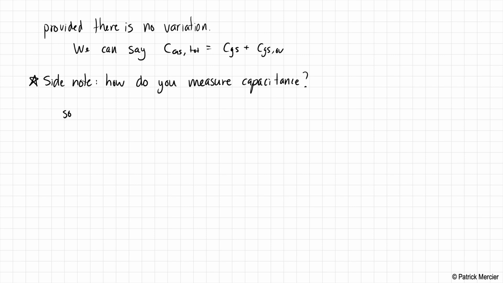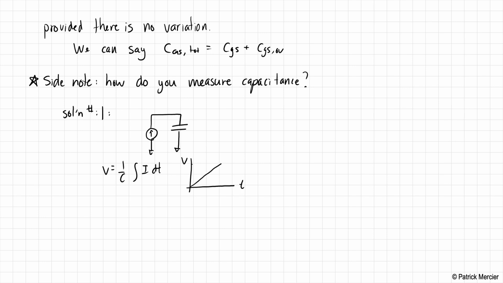So one solution to do this, and there's many ways to do this, of course, is to create a current source and tie that to the capacitor. Okay, now because V is equal to 1 over C integral I dt, provided that's a constant current source, then what you're going to find is that the voltage on the capacitor is going to ramp up, and so you can just basically measure the amount of time it takes to hit a certain voltage, or the voltage it hits after a certain amount of time, and that will, through that integral, allow you to compute that capacitance.